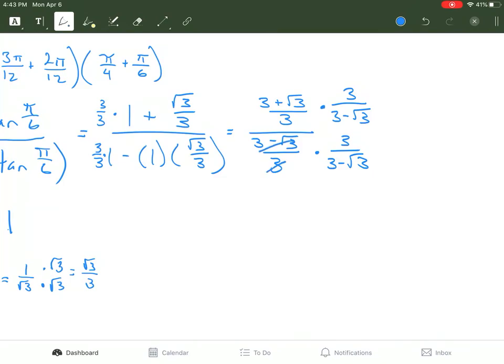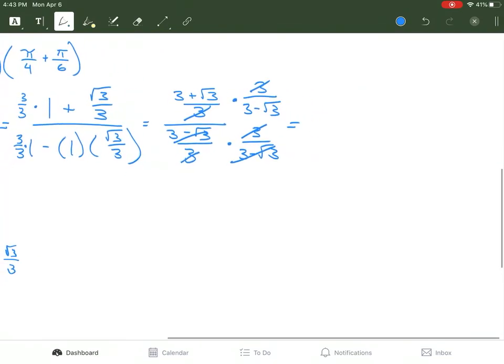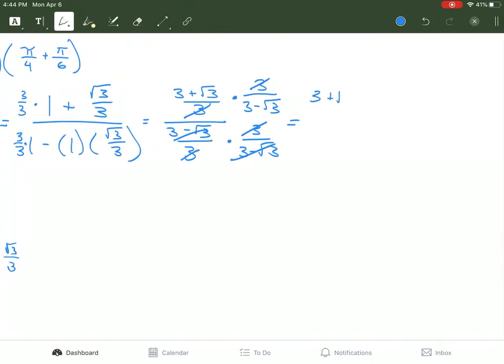Okay, this will cancel out all the stuff in the bottom fraction. It will also cancel out the 3's here. It will not, however, cancel out the other stuff that we have left. One has a positive, one has a negative. They are not the same, thus they cannot be canceled out. So if we rewrite what is left over, we have 3 plus root 3 and 3 minus root 3.